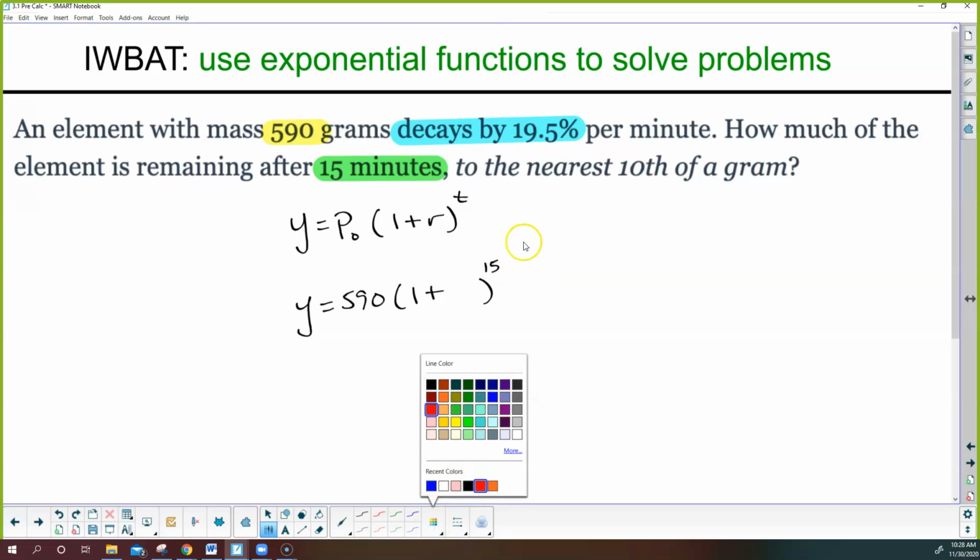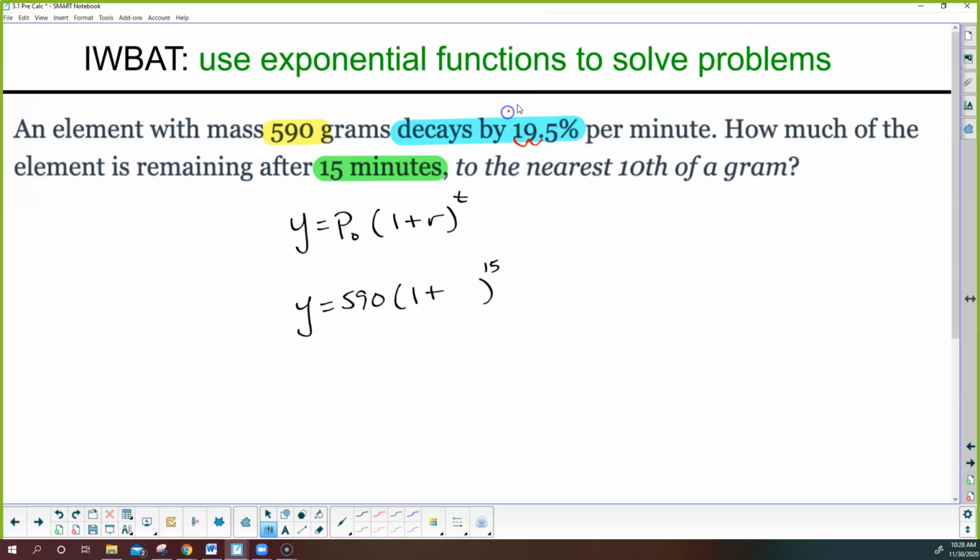The only thing I want to show you is we got to move the decimal spot to get it out of a percent, but I have to be very careful. If I leave it like this, I ignore the word decay, because decay means it's a negative rate. So I'm going to make that a minus.